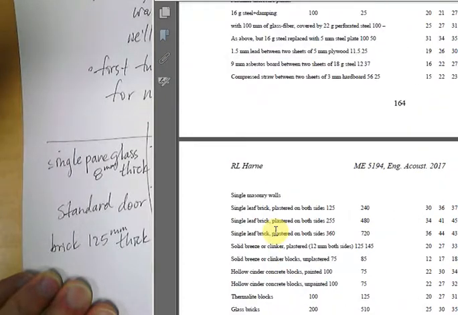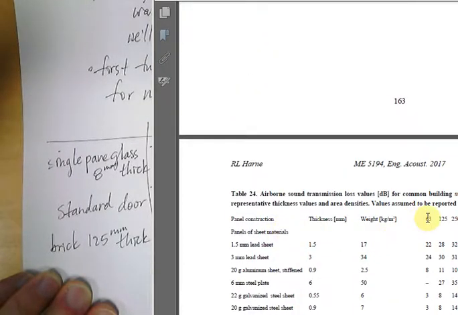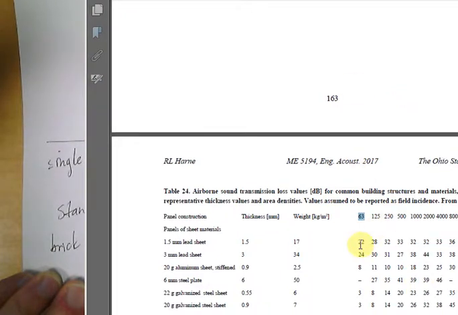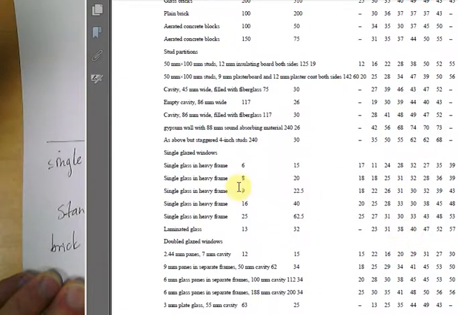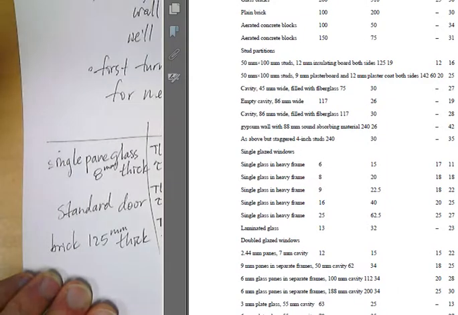The order of the columns starts in the 63 to 125, so the columns that would be 3rd, 4th, and 5th are the ones we're looking for. So 8mm, 1, 2, 3, 4, 5. These 3 values we will put into our notes there. So we have 25, 31, and 32.